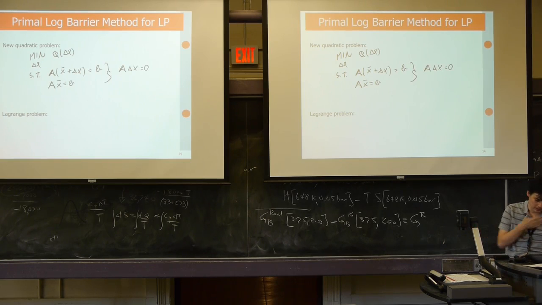This is our constraint. So we have a quadratic function, which is a function of delta x, and we have this linear constraint. So what can we do? We use Lagrange multipliers.